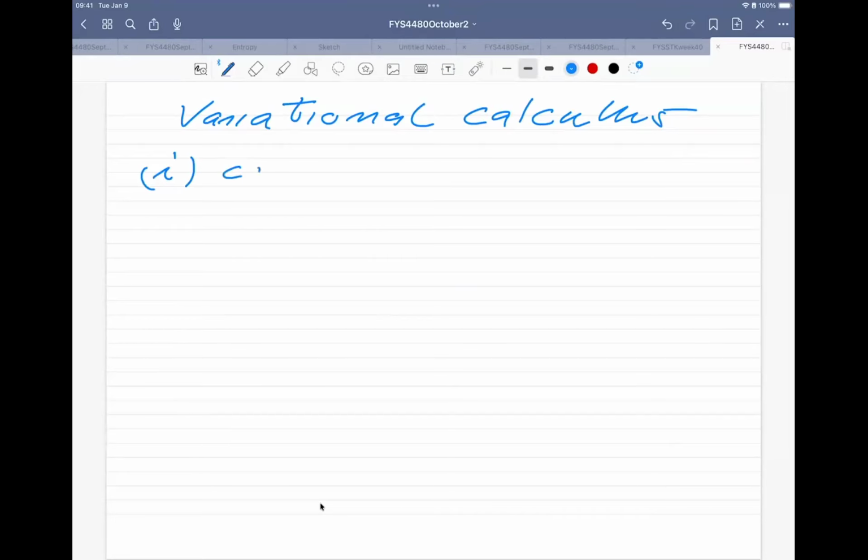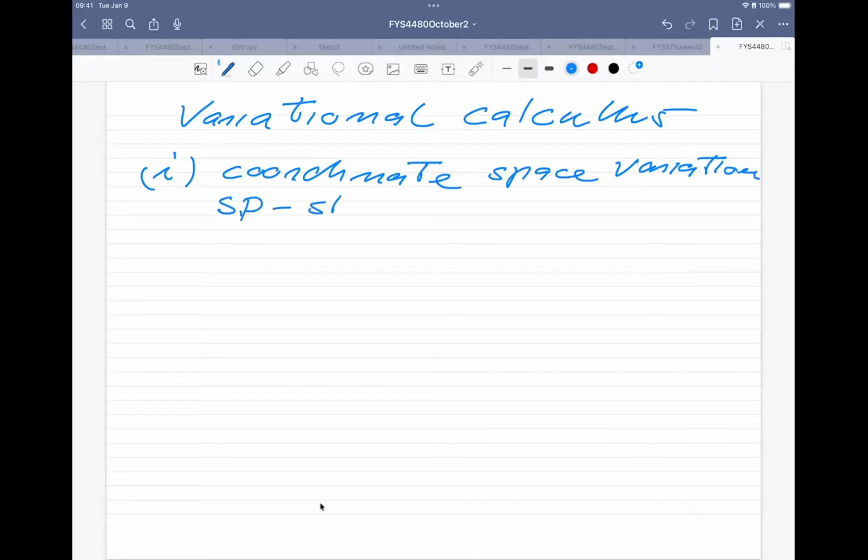So if we now just look at the coordinate space variation, we look at a single particle state, an SP state. So SP stands for single particle state. And we have a state phi of x, alpha. So it has some quantum numbers alpha. So this is a specific state.